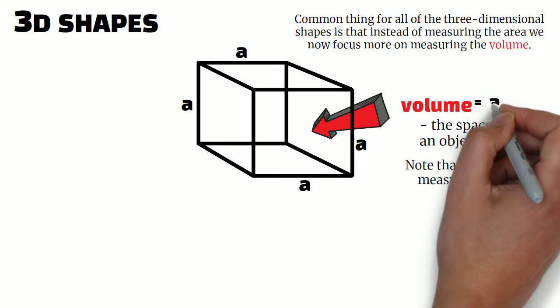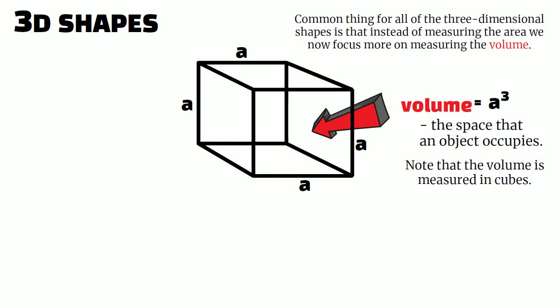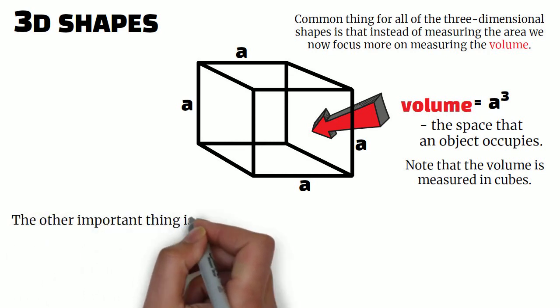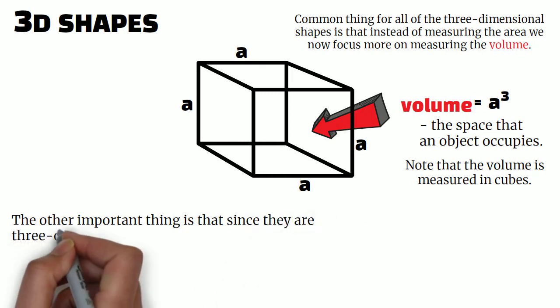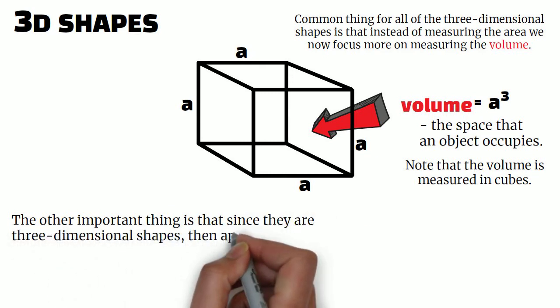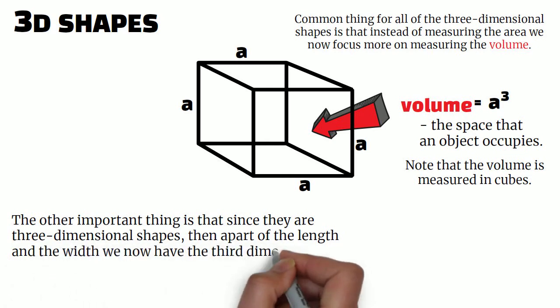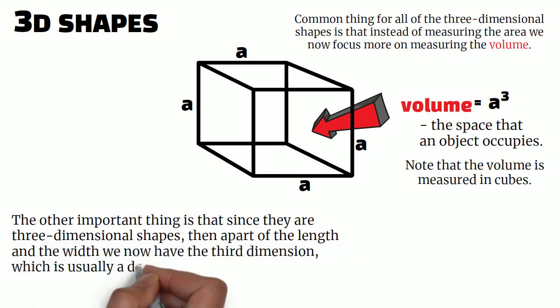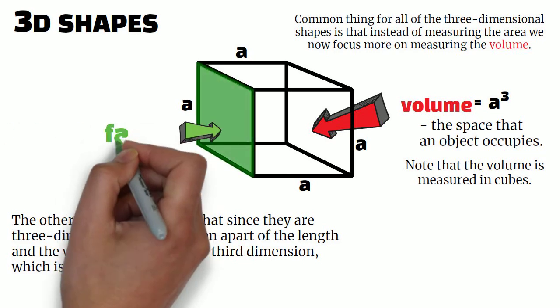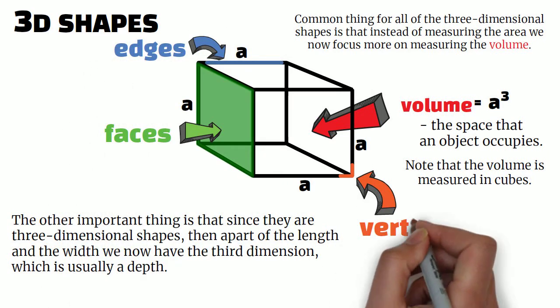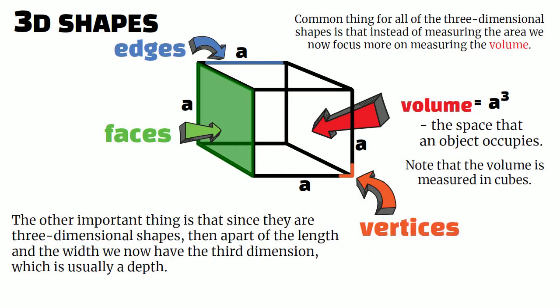In this case, it equals a cubed. The other important thing is that since they are three-dimensional shapes, apart from the length and the width, we now have the third dimension, which is usually a depth. The other important terminology are the faces, edges, and the vertices.